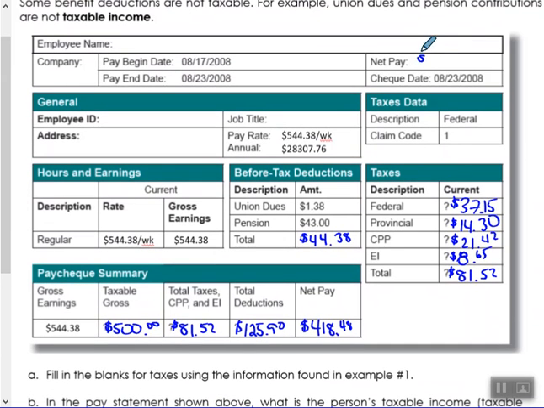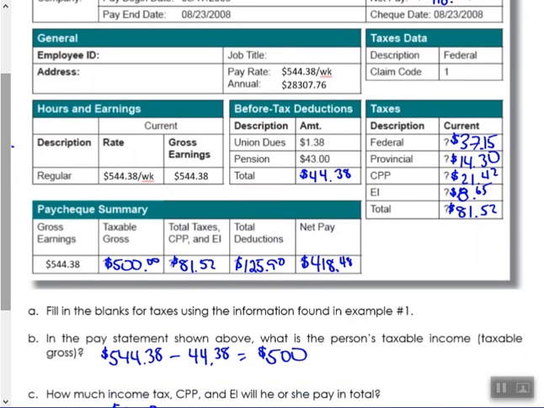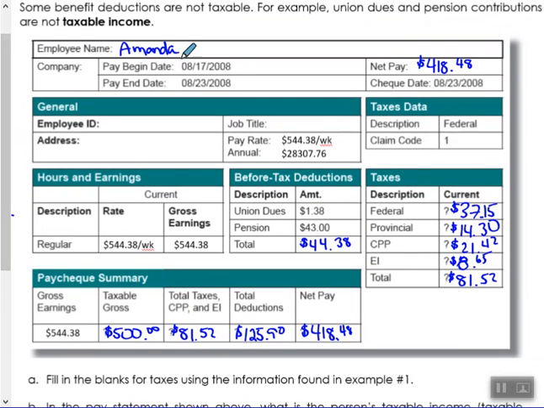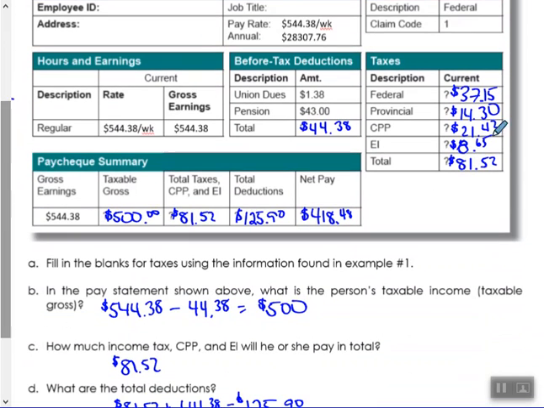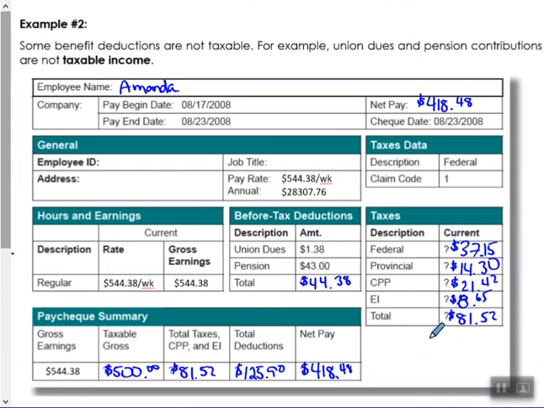So net pay, $418.48. Oh, forgot Amanda's name. There we go. Okay. These are your two examples. It's basically just taking what we did last day and placing it into a pay stub. All right, ready to go on your assignment.